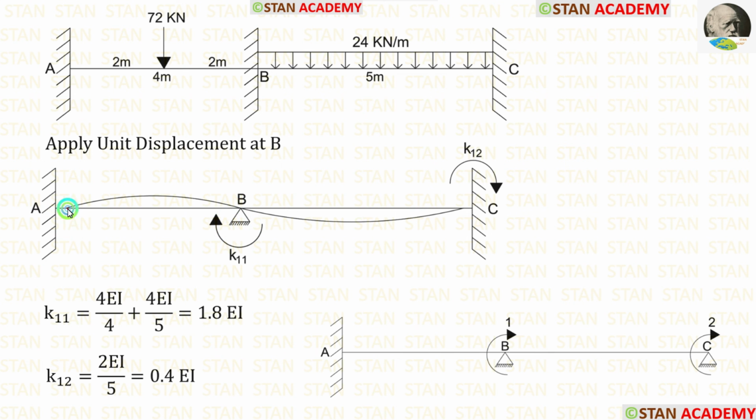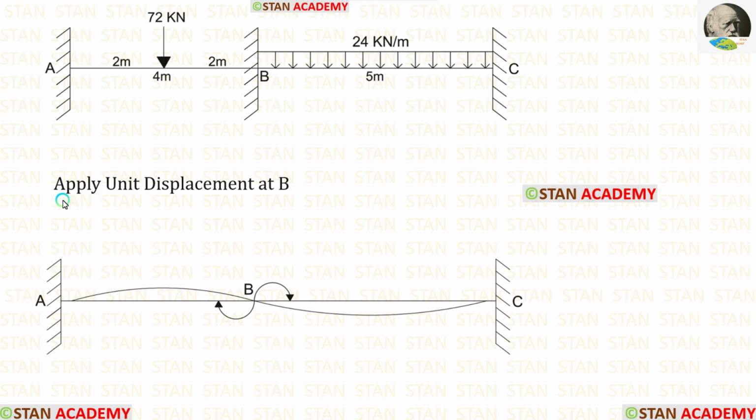Now let us see how to draw this curve. We are applying unit displacement in the point B. The point B is a joint. It is connecting two spans. So we have to make two clockwise curves, one curve towards the point A and one curve towards the point C. Both of these curves should be made in the clockwise direction.